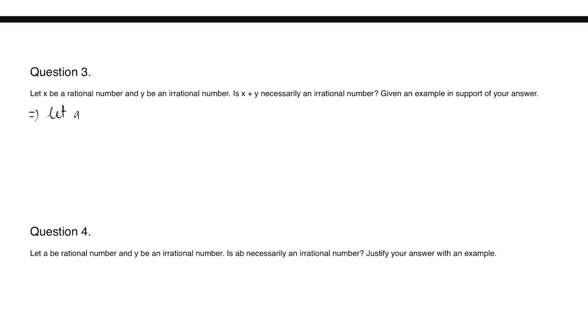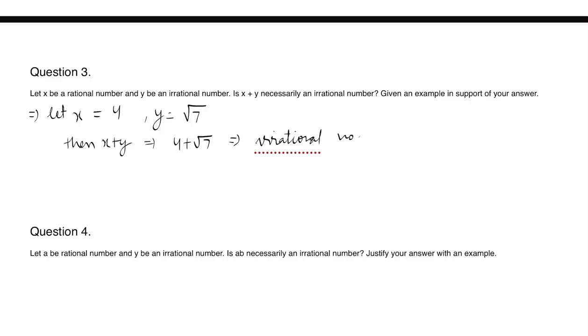Let x equal 4, which is a rational number, and y equal root 7, which is an irrational number. Then x plus y is equal to 4 plus root 7, which is an irrational number. Okay, so it is necessarily an irrational number.